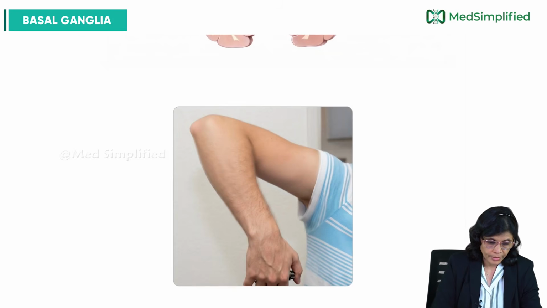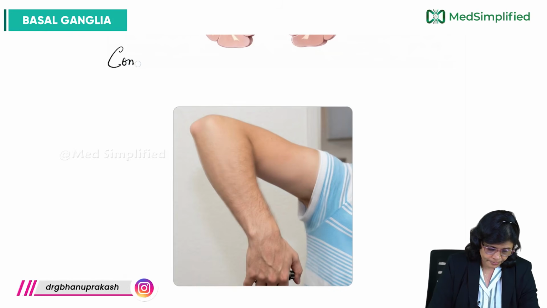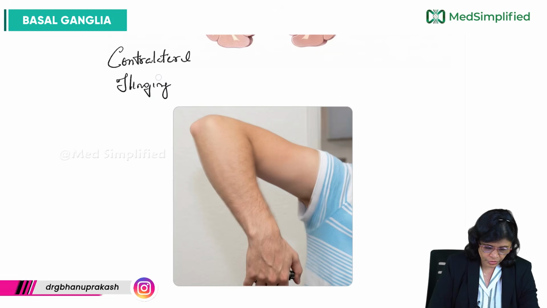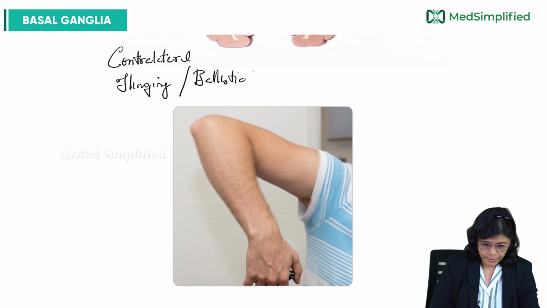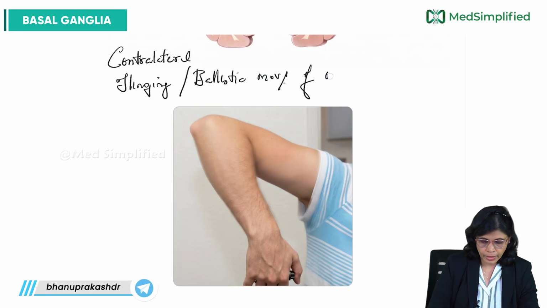So usually there is something we call contralateral flinging, which is otherwise called ballistic movements of one or both extremities.